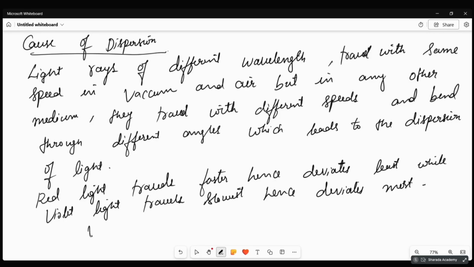Okay, so wavelength is inversely proportional to deviation, or directly proportional to 1 by deviation.